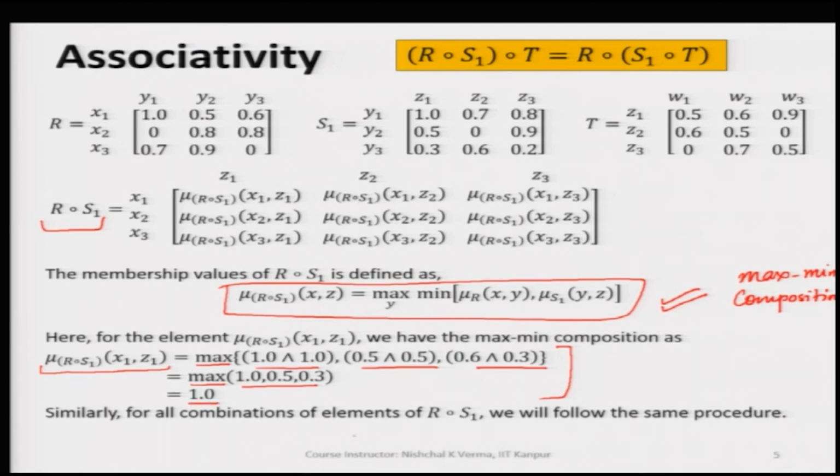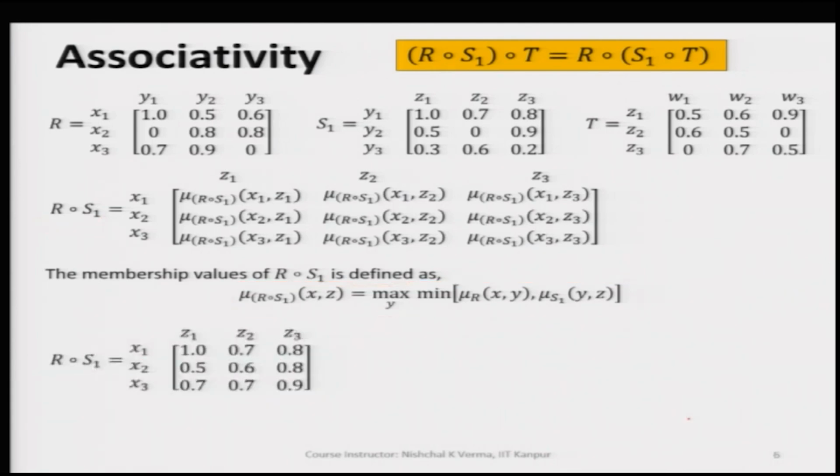So, similarly for all combinations of elements of our composition of R and S1, we are going to get this matrix. You can just try this and you are going to get the composition of fuzzy relation matrix R and S1 here, which is 1, 0.7, 0.8, 0.5, 0.6, 0.8, 0.7, 0.7, 0.9.